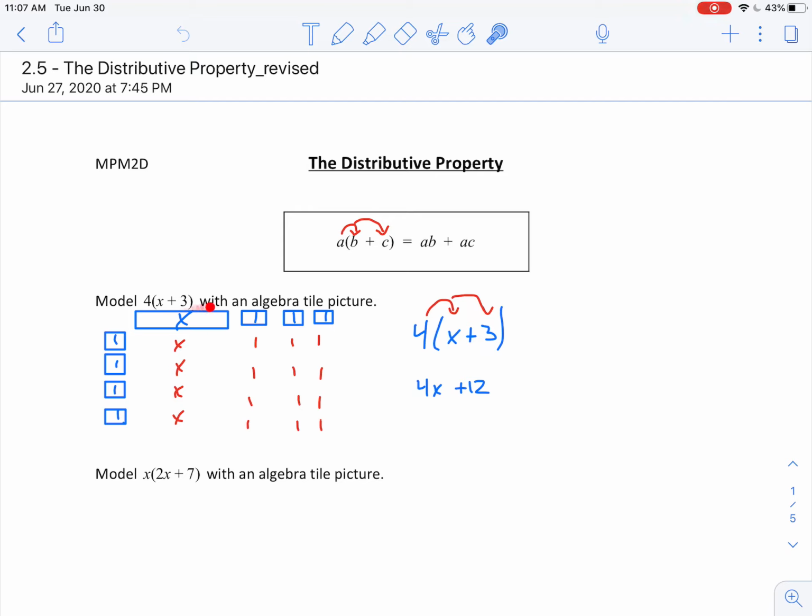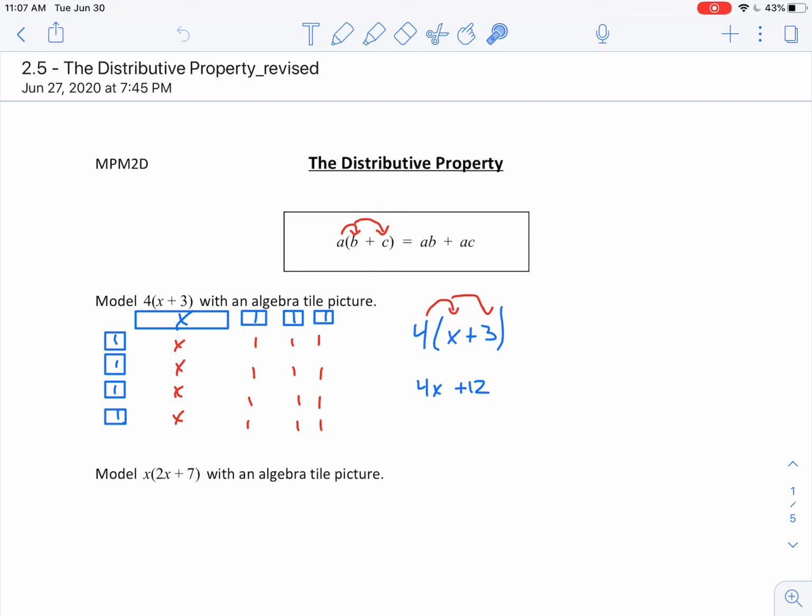So if I'm going to model that with algebra tiles, I have 4 times x plus 3. So I'm going to write just those 4 multiplied by one singular x and then 3. So x plus 3. When I go ahead and do that, and I multiply, 1 times x is x, 1 times x is x, 1 times 1 is 1, 1 times the other one is 1.